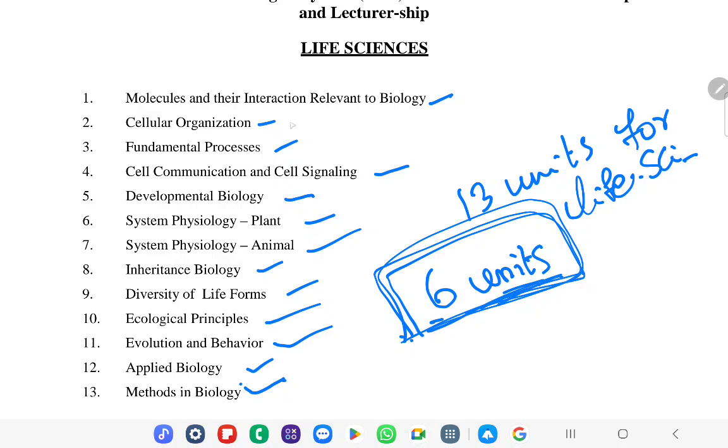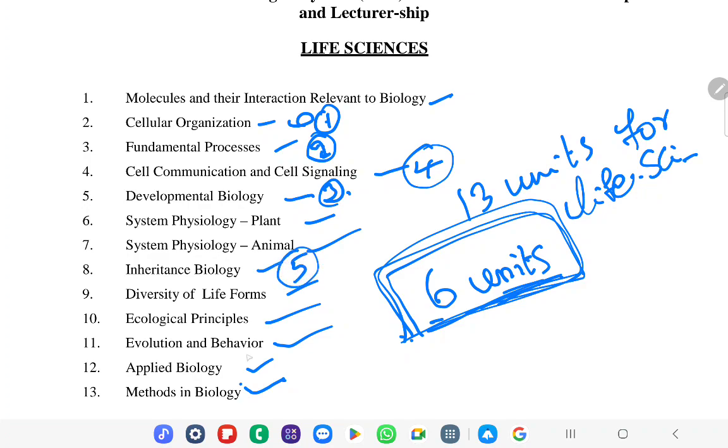So I hope you will focus on 6 units, any 6 units. For example, cellular organization, fundamental process. You may be very good in developmental biology. And the core syllabus is fundamental process. Maybe you are good in cell communication, inheritance biology.